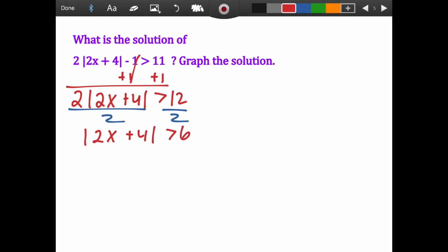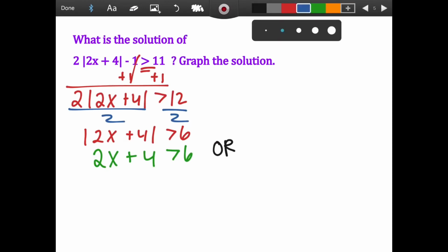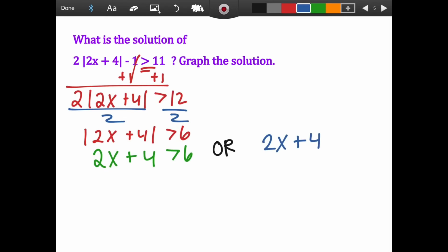But now when we're talking about or, if you start with greater than or greater than or equal to, we're going to create two separate inequalities. So the first one is going to stay exactly the same: 2x plus 4 is greater than 6. But now we're talking about or, so we're going to separate these inequalities with or. And the other inequality is going to be 2x plus 4 is less than negative 6.